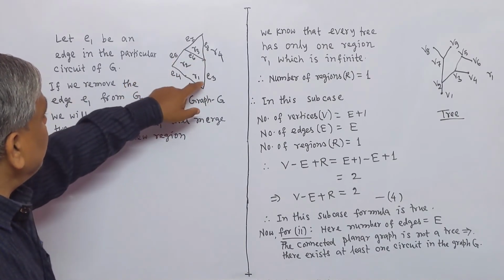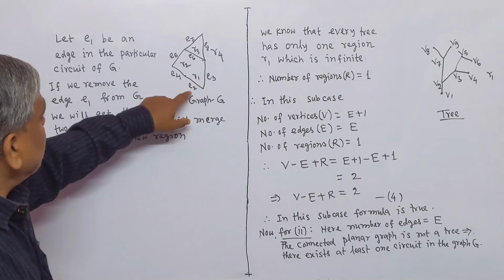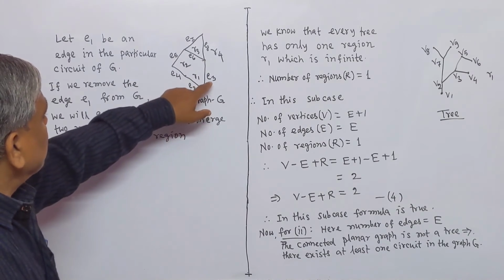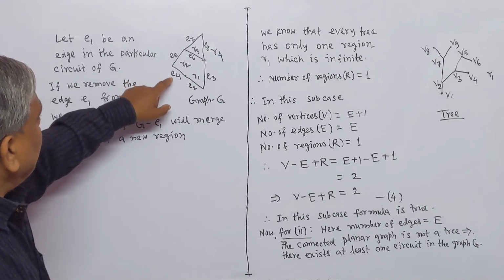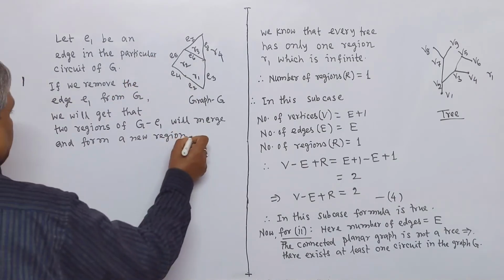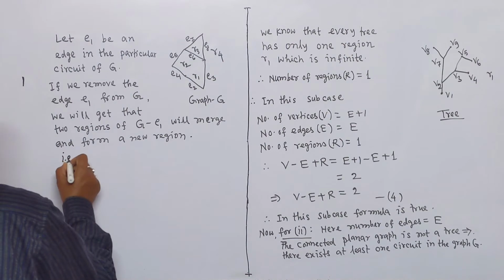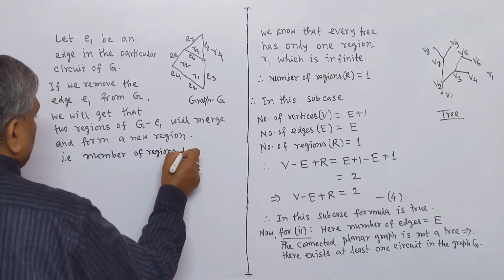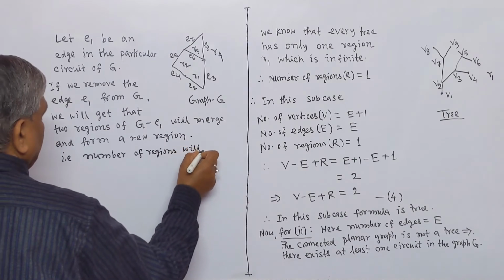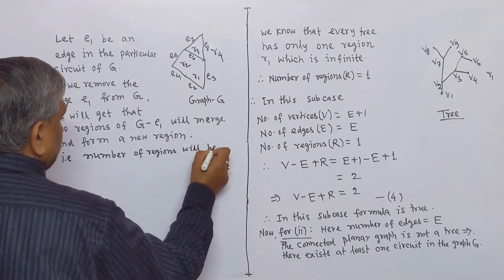This one region will be formed by edges E2, E3, E6, E5 and E4. That is, the number of regions will be reduced.